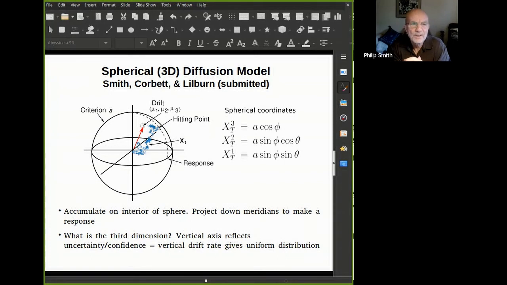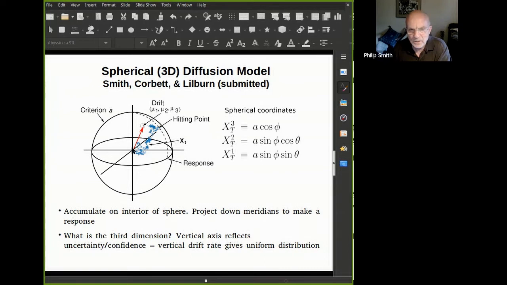And it turns out that one of the spherical models was our preferred model for reasons that I will explain as I go along. So this model assumes that you accumulate evidence by a three-dimensional process on the interior of a sphere. Because this is a three-dimensional process, the drift rate, which describes the rate and direction of evidence accumulation, is also a three-element vector.